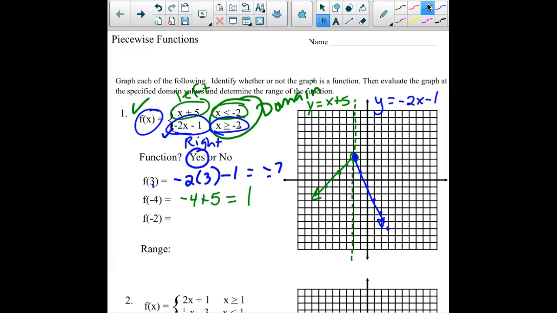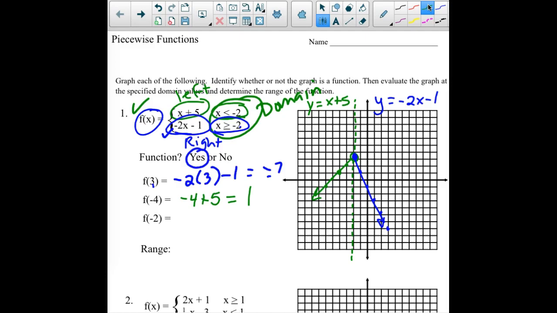Okay. Talk at your tables. Which function would we use for a -2? -2 is a tricky one, isn't it?